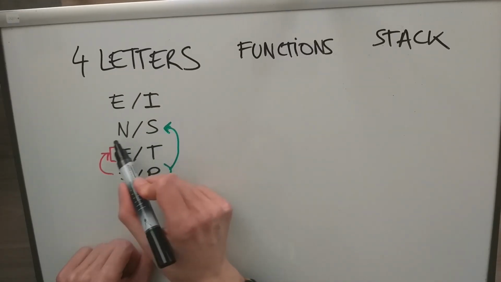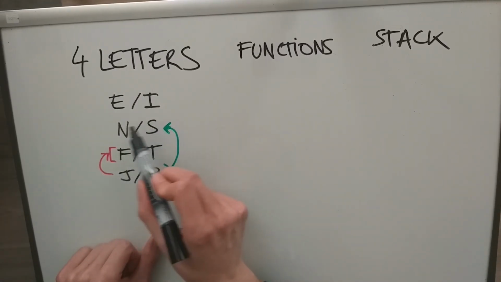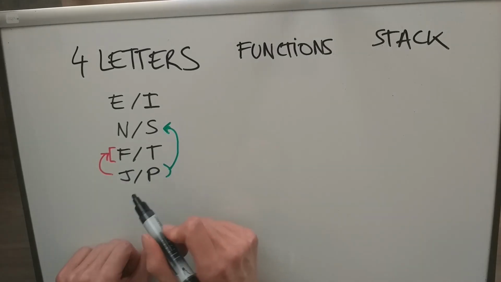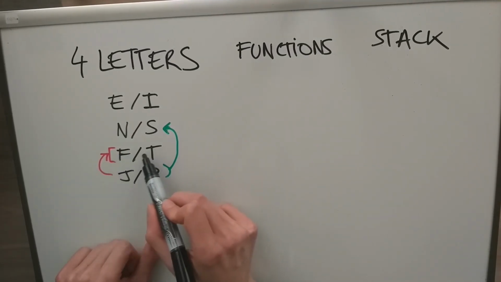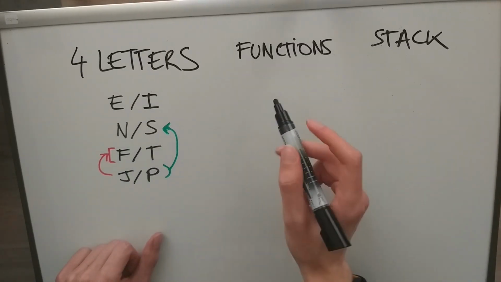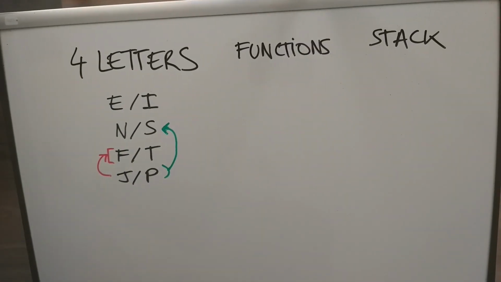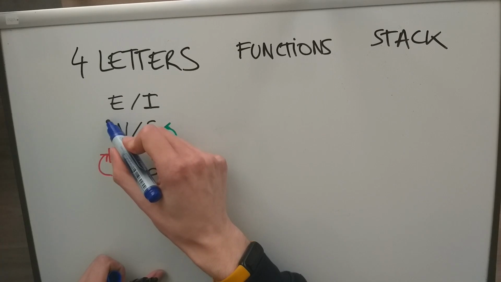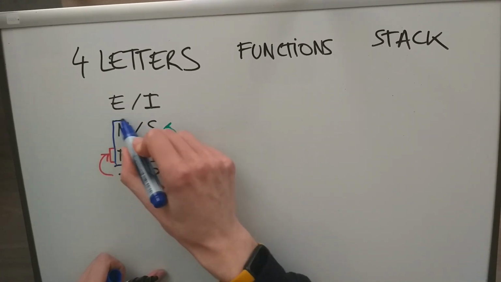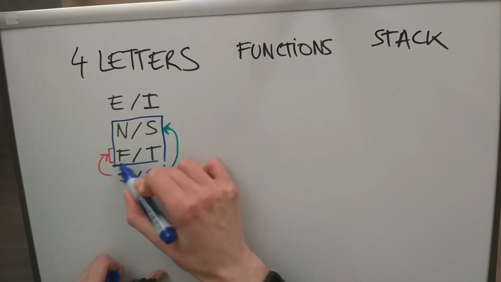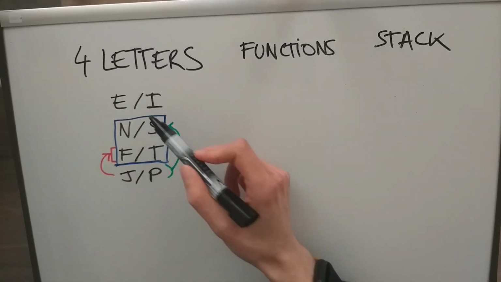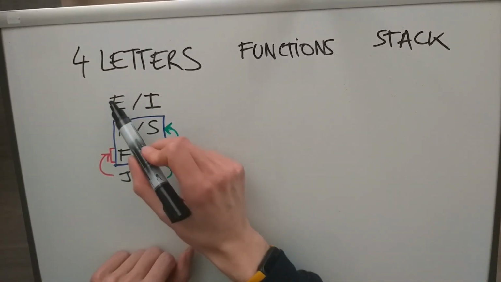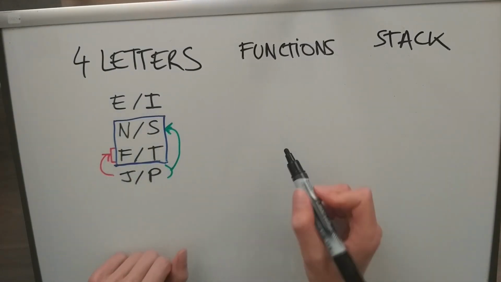So this spectrum between intuition and sensing, this category, right, is perceiving, and the category of feeling and thinking are judging functions, right? And so basically, these four symbols are what creates functions once they are paired with an energy polarity, so introverted or extroverted.